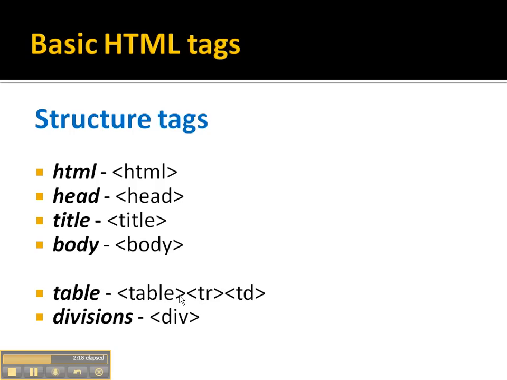Now, understanding how the tags work, of course, is very important. There are different types of tags. Basically, we have structure tags like html, head, title, body. These are things that are required on a page. We also have structure tags such as whether or not something is a table or a division. A lot of these tags you don't actually visually see. They're just there to define the structure of the document.